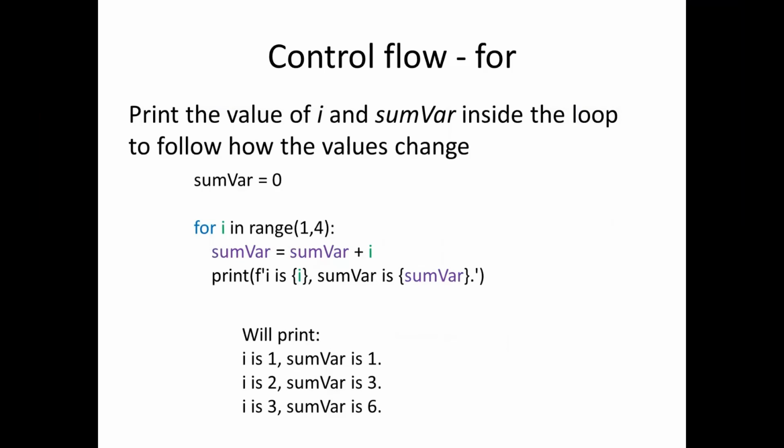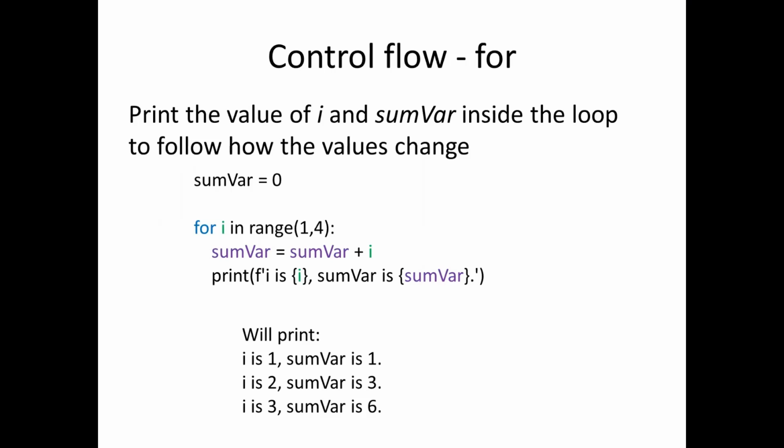If we add a print statement inside the loop, Python will print the value of the variable I and the value of the variable sumVar each time inside the loop. So the first time it will print I is 1, sumVar is 1. The second time in the loop it will print I is 2, sumVar is 3.